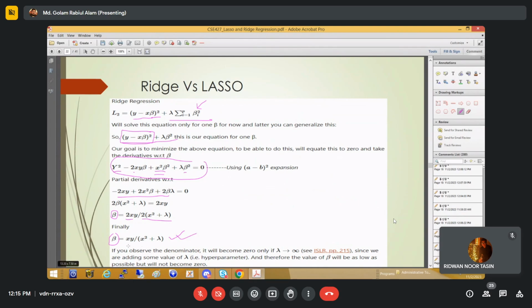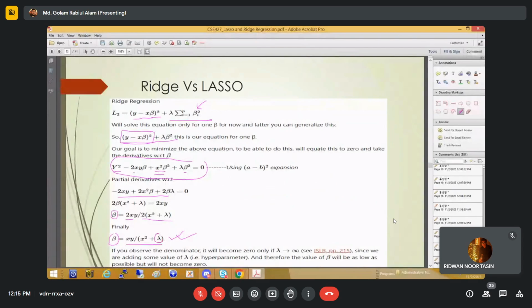And we can see that actually the beta will never be 0. Why? Because to make this equation 0, we have to consider lambda equal to infinity.